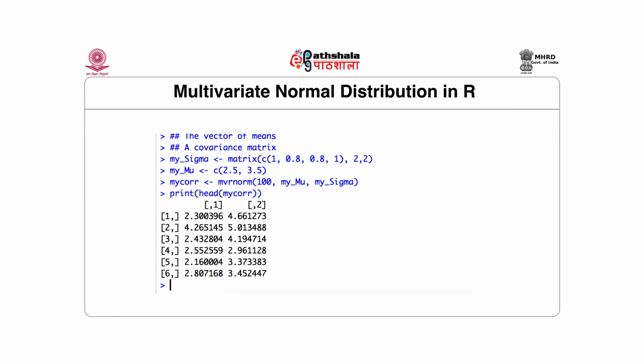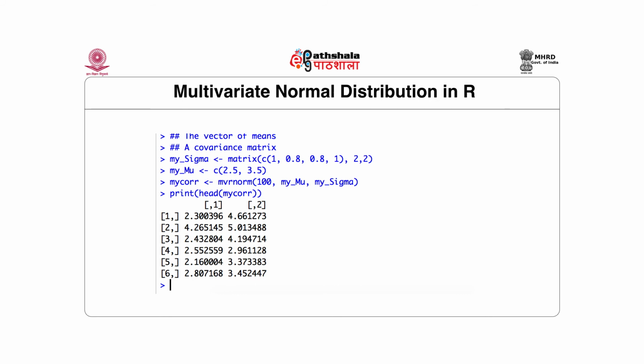Then we have created a 2 by 2 matrix, and we have given it a vector of means. We can obviously understand that this can be extended to as large as we want. So you can create a much more complex set of matrices. You can take a matrix from, say, a paper and then put it in here.